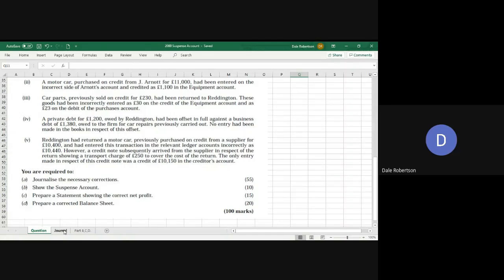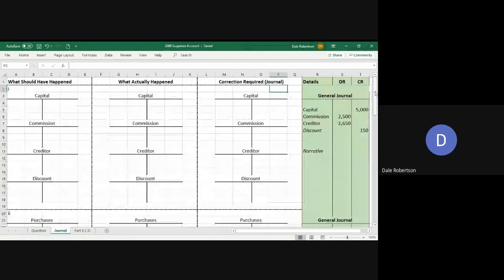You guys will have the question in front of you. The first correction is as follows. It says Reddington won a private holiday valued at €5,000 in total.